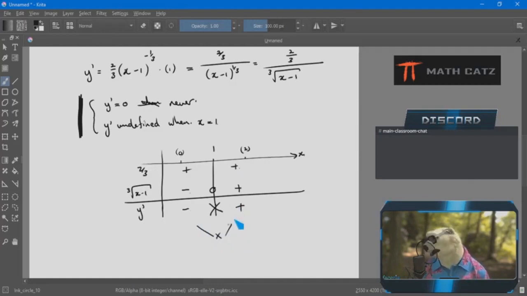So it's not a little cup that it's making in the conventional sense, because I do not have, I'll emphasize it here, there's no horizontal tangent line here. That would be when the derivative is 0, and that's not the case here. So I do go from downhill to uphill, but let's see what's happening here.